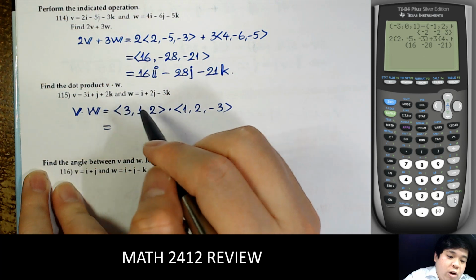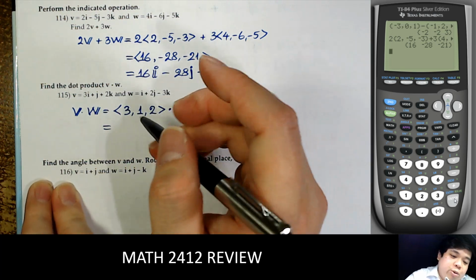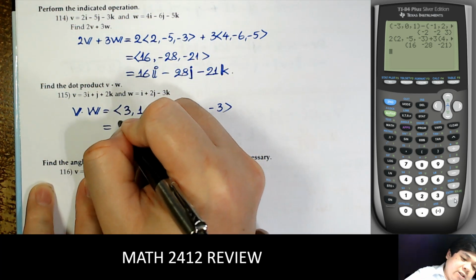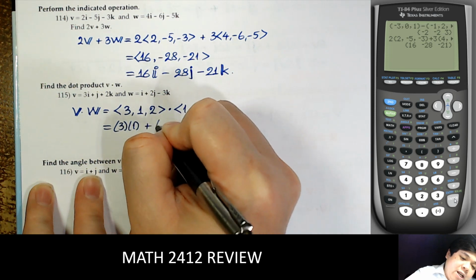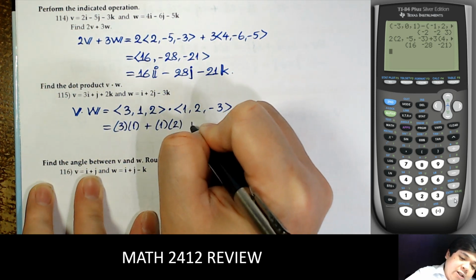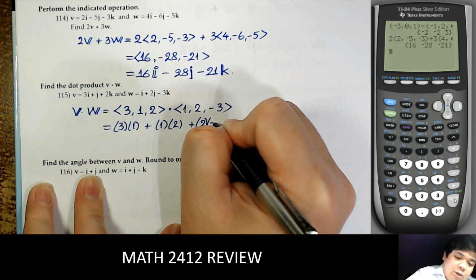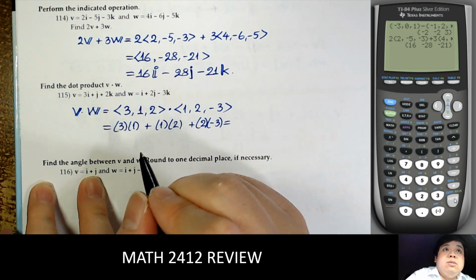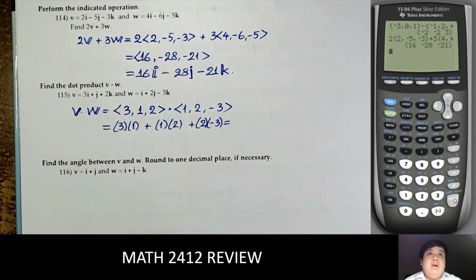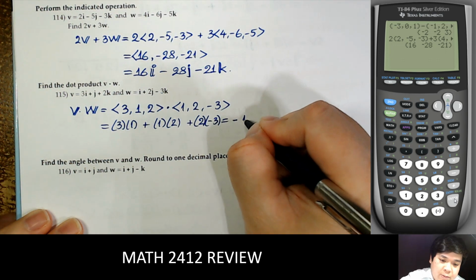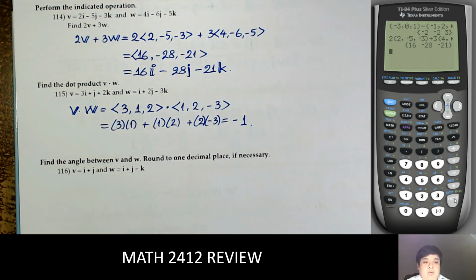So 3, 1, 2 and 1, 2, negative 3. First with the first, second with the second, and third with the third. 3 plus 2 minus 6 is minus 1. So the dot product is minus 1.